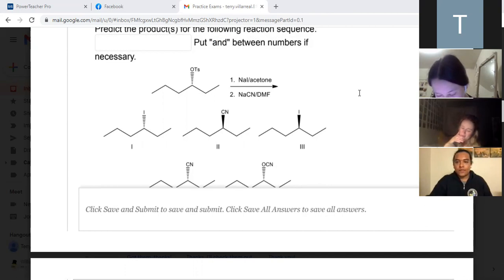So step 1, the first part, because I know it would have to flip, so it would have to go from dash to wedge. So I would just say, do you guys have an answer real quick?